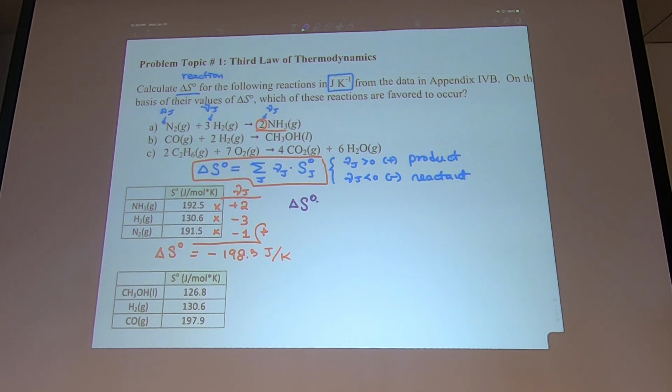So delta S naught, what I wrote here, is 2 times 192.5 minus 3 times 130.6 minus 1 times 191.5, and that becomes minus 198 joule per Kelvin. Okay, so the equation written in red is the same as the equation written in purple. It's just the same thing.